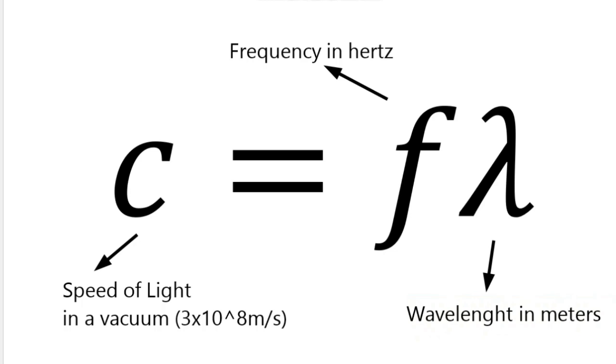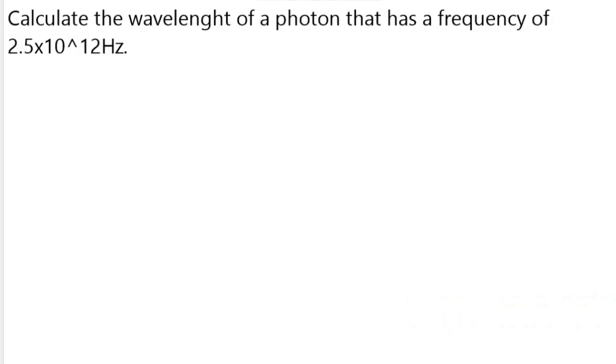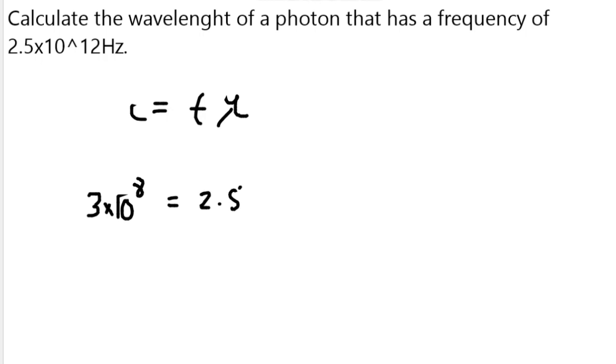Now let's solve some practice problems. Calculate the wavelength of a photon that has a frequency of 2.5 times 10 raised to the 12 hertz. So we can use this equation: 3 times 10 raised to the 8 is equal to the frequency, 2.5 times 10 raised to the 12, times the wavelength of this photon.